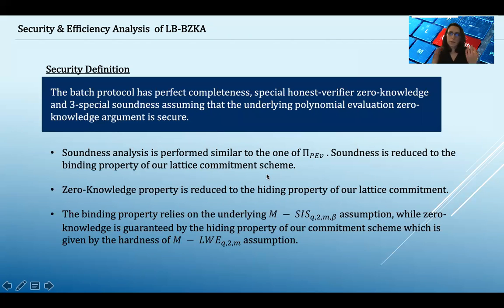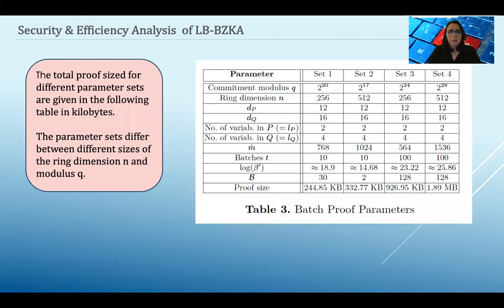So the security of this batch zero knowledge argument is reduced to the security of the underlying polynomial evaluation zero knowledge argument. And the evaluation of our protocol can be observed here. This has been computed for different parameter sets, and we can see the corresponding proof sizes.